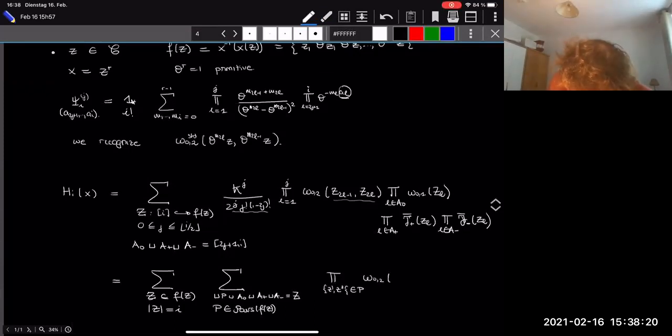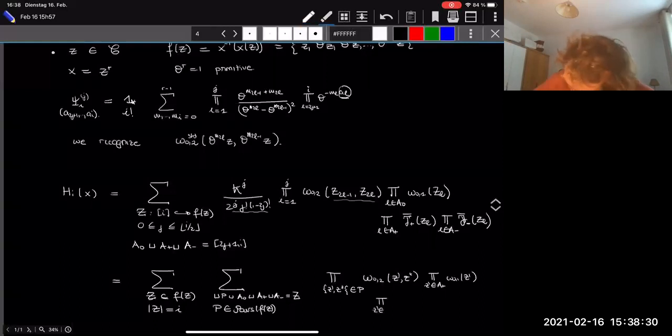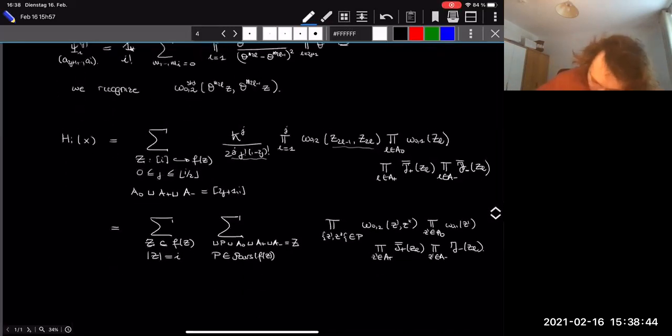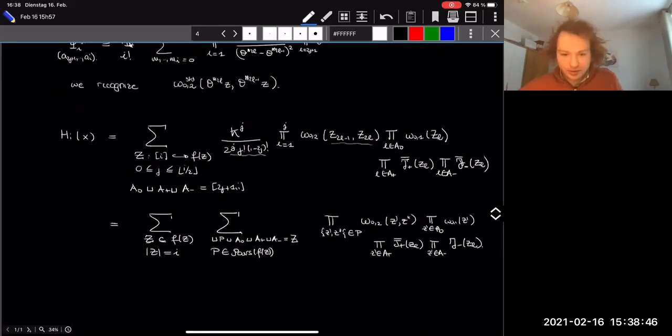So omega 02 for these pairs, omega 01 for elements in A plus, so in A0, J plus, J minus. So that's our operator, and we want it to act on the exponential of f.